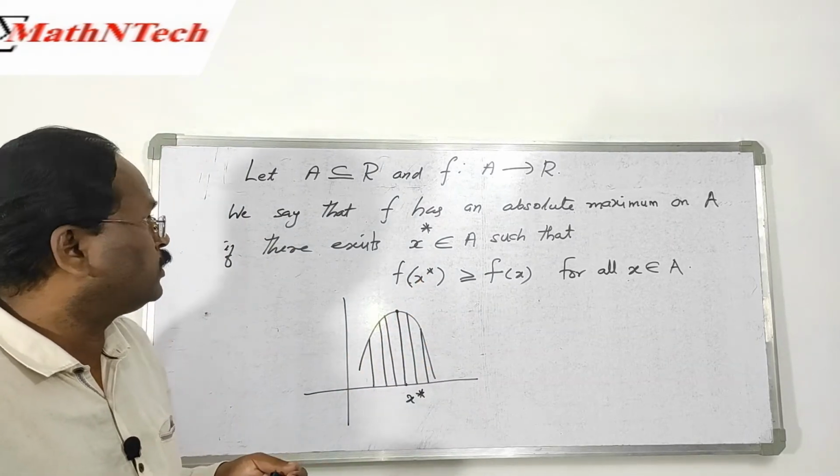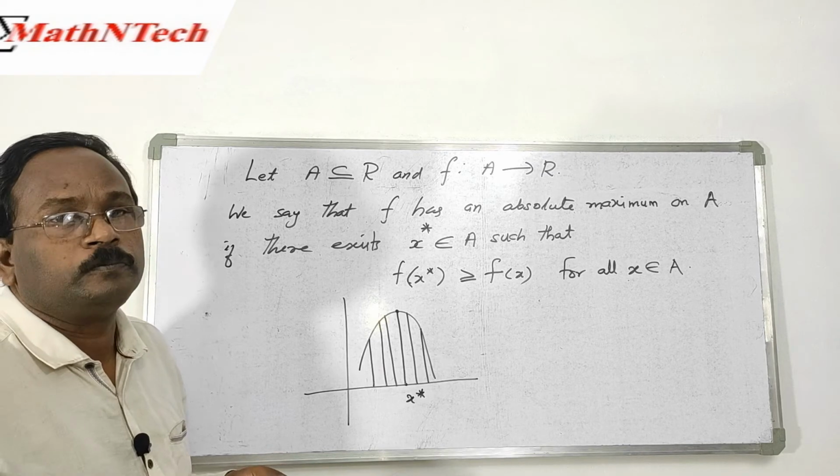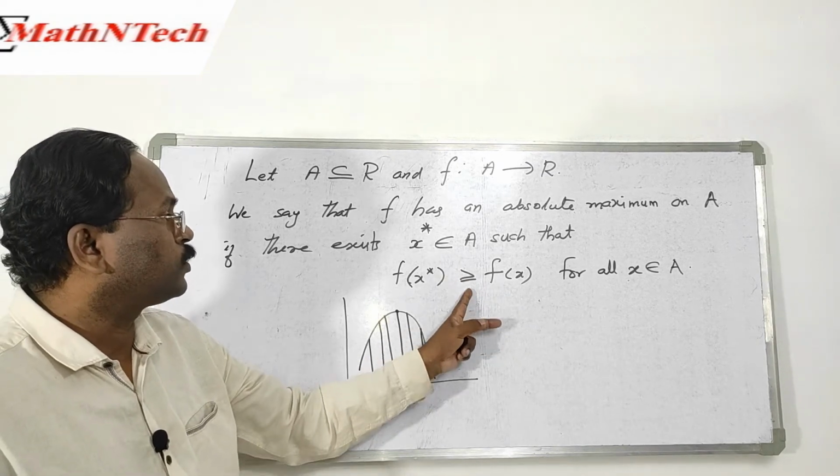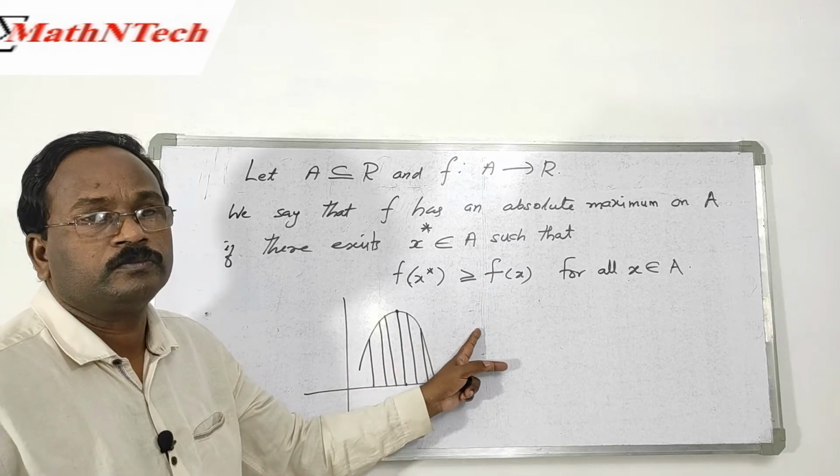Similarly, we can define absolute minimum. Simply interchange greater than or equal to by less than or equal to.